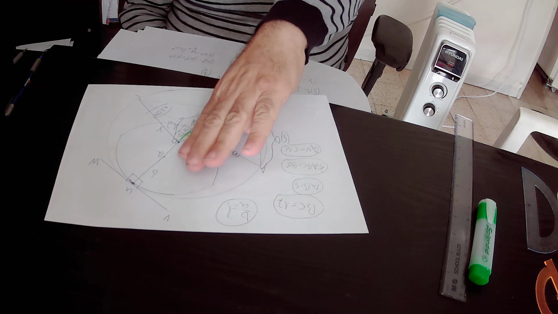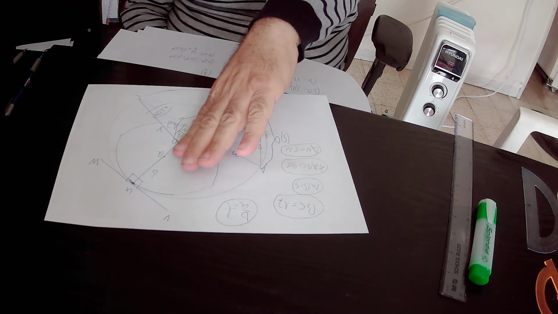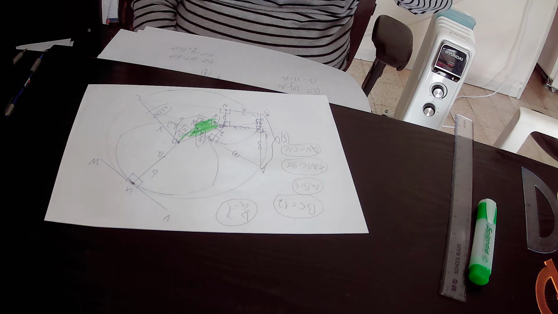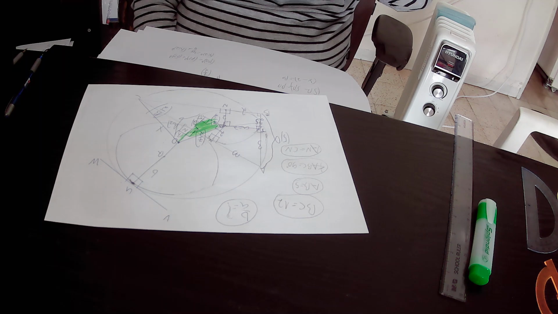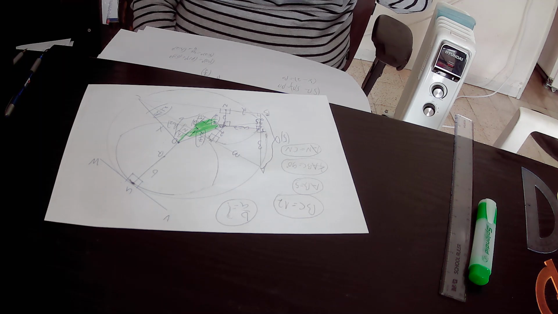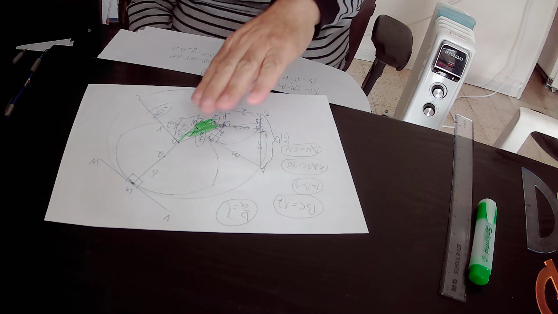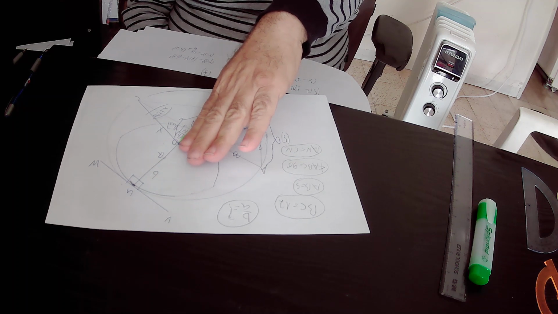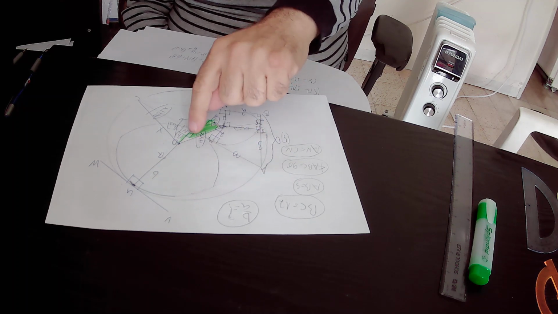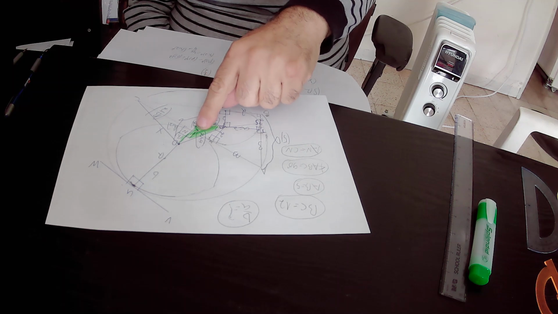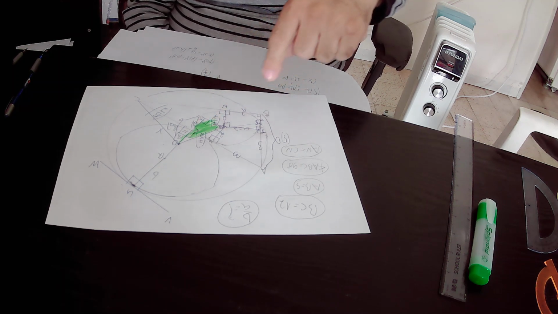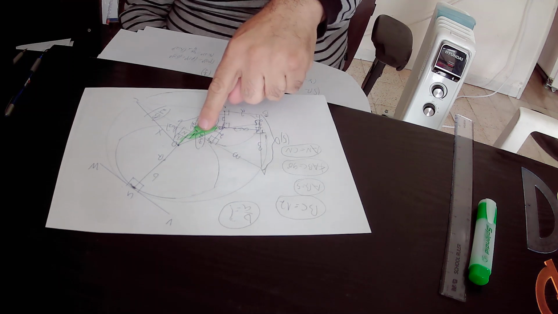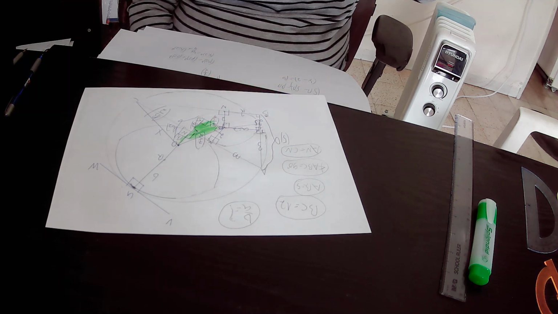If you focus on this side of the straight line OT at point N, the sum of the angles must be equal to 180 degrees according to the rule that the sum of the angles on one side of a straight line is equal to 180 degrees. So on this side we have this angle that is equal to 90 degrees plus the missing angle. In total they must be equal to 180 degrees, so the missing angle must be equal to 90 degrees.